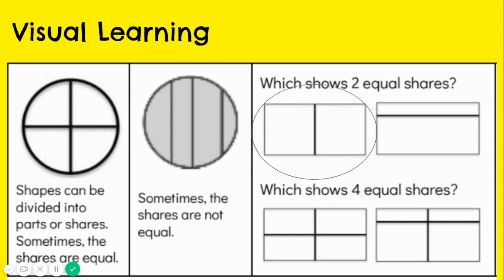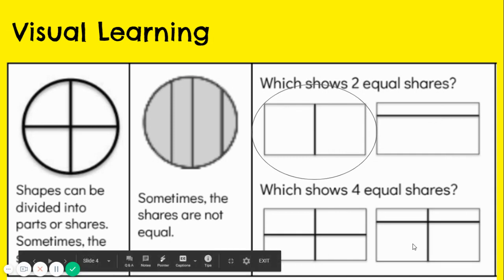All right, that is the rectangle that shows two equal shares. It's equal shares because both of the parts are the same size. This rectangle is divided into two parts, but they are not equal shares because they are not the same size. This bottom part is much bigger than the top part.